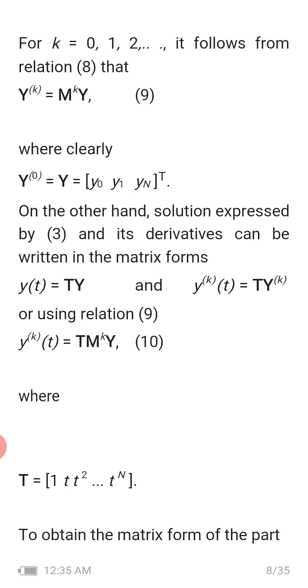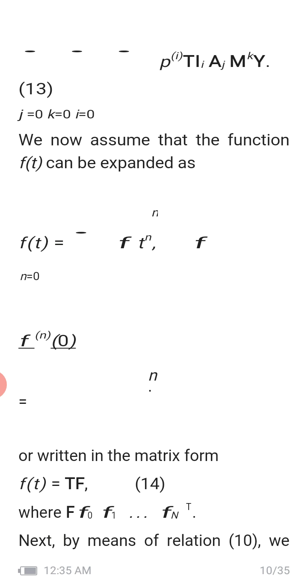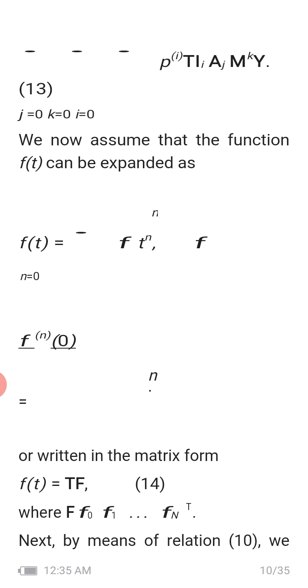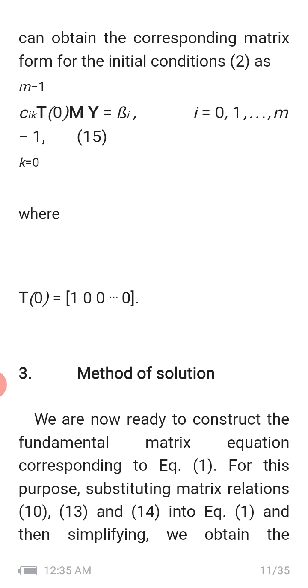To obtain the matrix form of this part, that is the given matrix, utilizing expression 12, we obtain the matrix in the form of 11. Therefore, from relation 10, we can obtain the corresponding matrix form for the initial conditions.